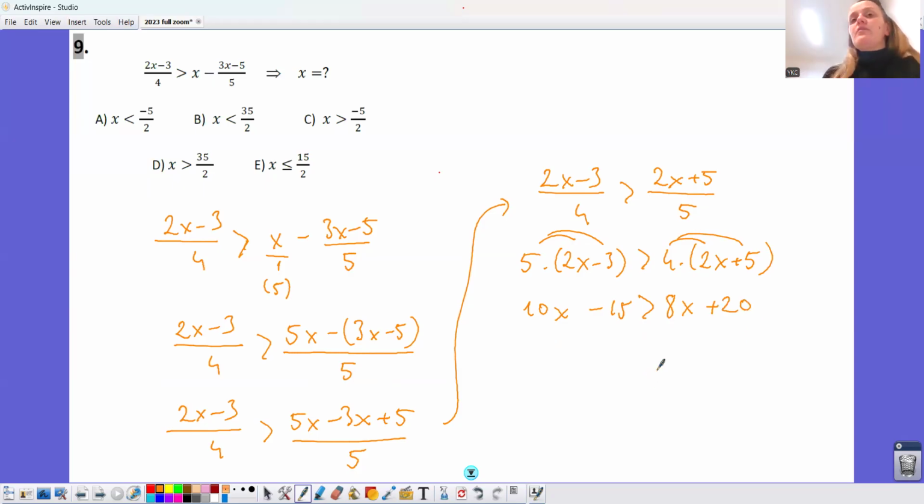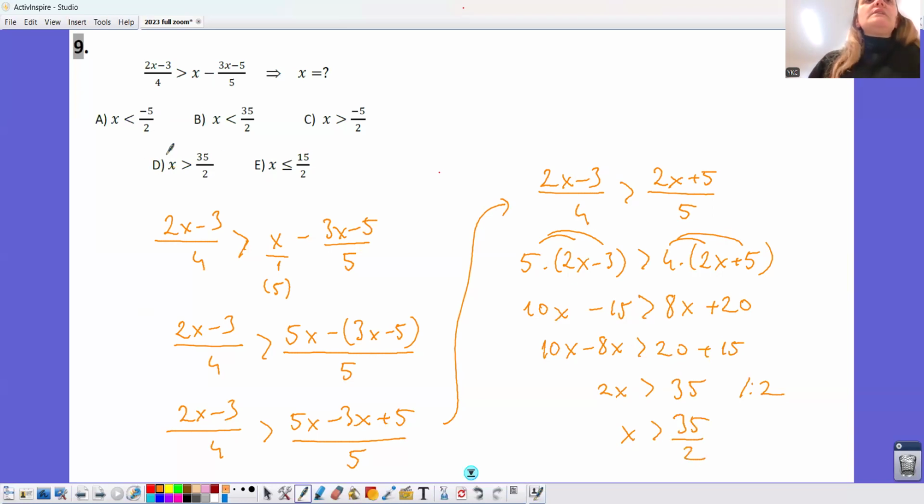Unknowns on one side, knowns on the other side, and it will become 10x minus 8x greater than 20 plus 15, which is 2x greater than 35. We are dividing by 2. X is greater than 35 over 2, which is D.